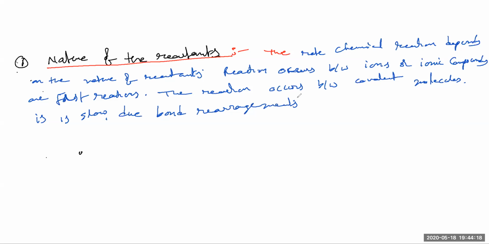So what is the meaning of bond rearrangements? It means bond breaking on the reactant side and bond making on the product side.